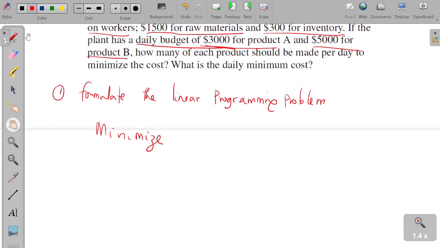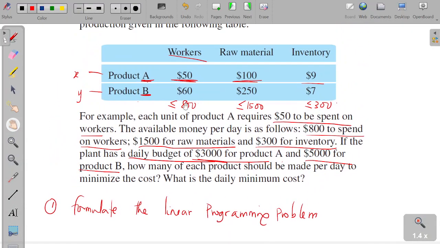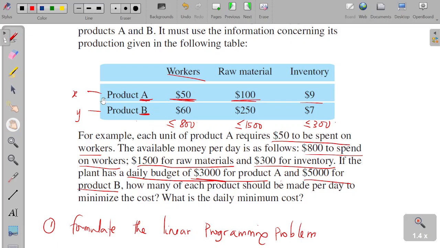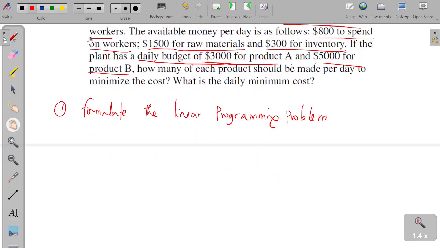So before that, there is also the need to define our variables. Please, that is very important. When you are formulating a linear programming problem, tell us what your x is and what your y is. Don't just write x and y without telling us what they are.